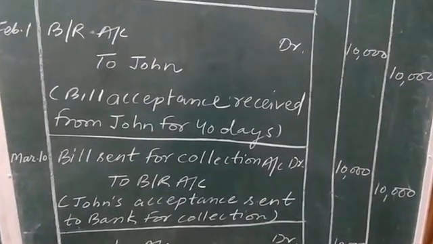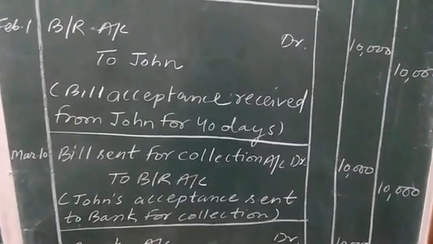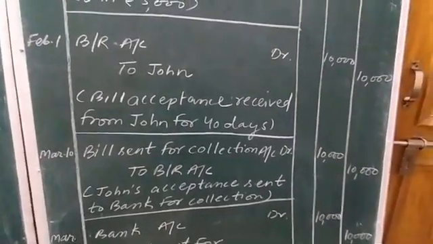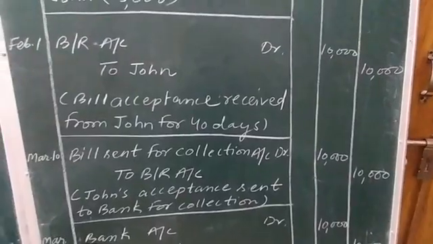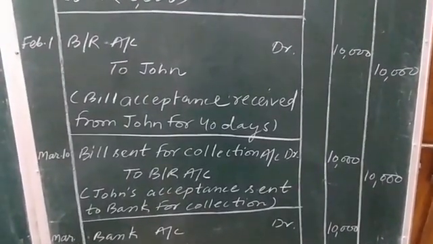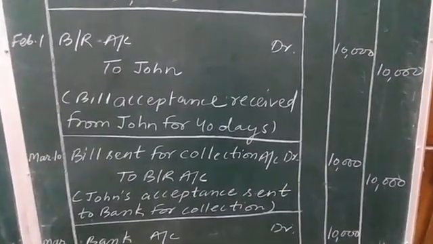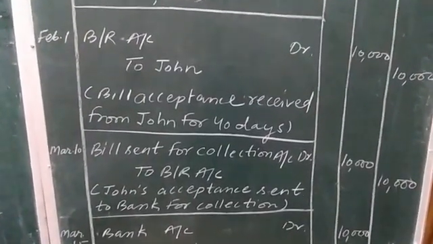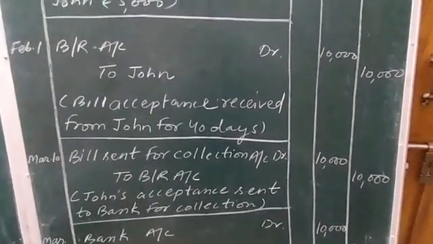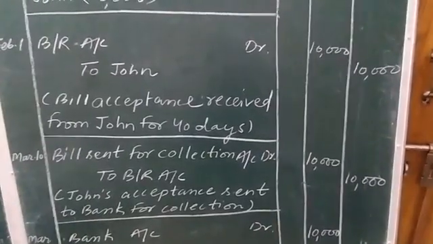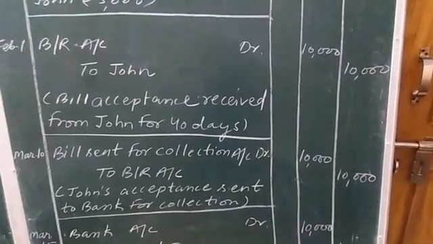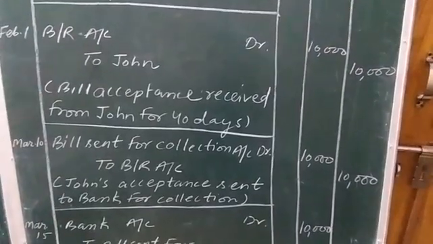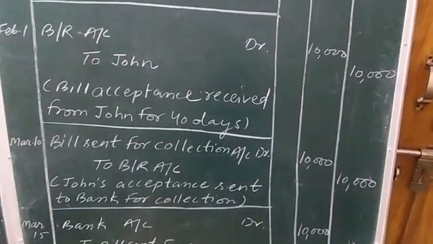Whenever a debtor increases, it is shown on the debit side. Bill receivable is handed over by Jimmy to the bank, and that's why the decrease in the asset bill receivable is shown on the credit side. So the journal entry to be passed is bill sent for collection account debit to bill receivable account.